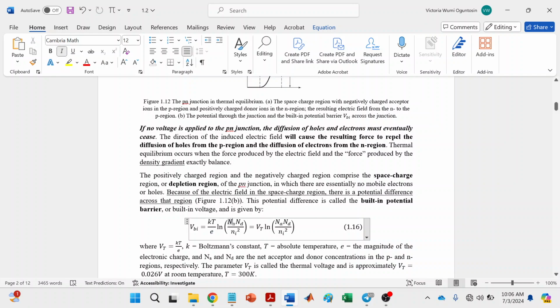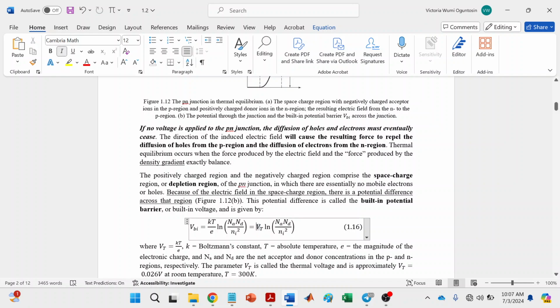So Na is the acceptor concentration in the P region. Then Nd is the donor concentration in the N region. Then the built-in potential barrier is given by this formula.